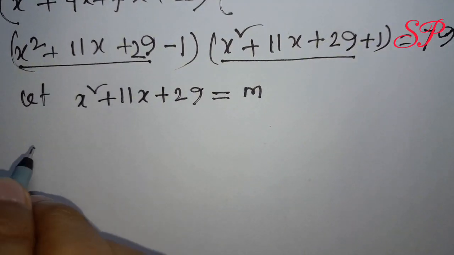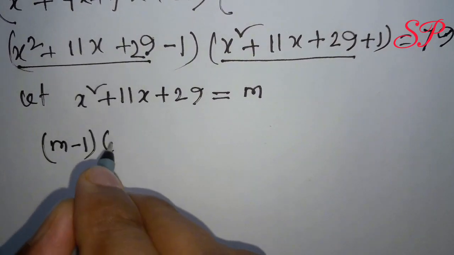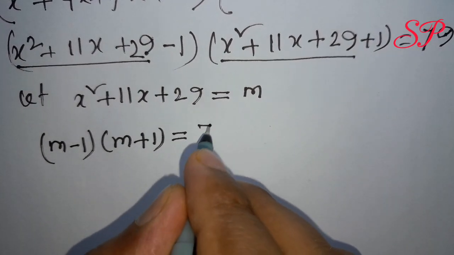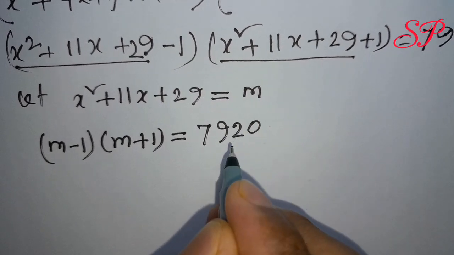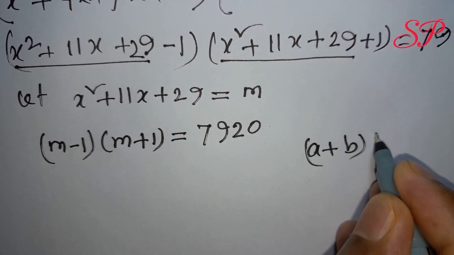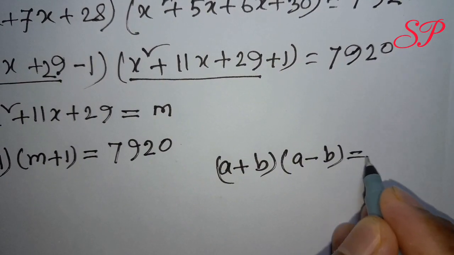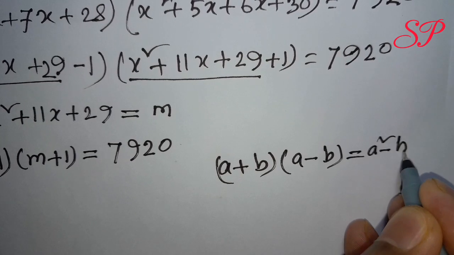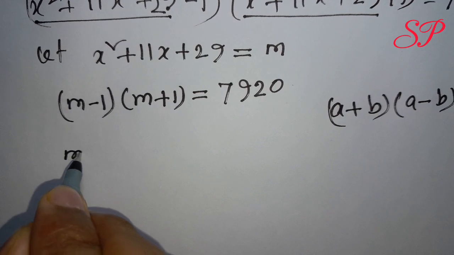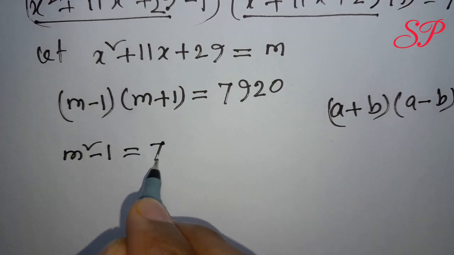So we get (m minus 1)(m plus 1) is equal to 7920. We know that (a plus b)(a minus b) is equal to a square minus b square. So we can write m square minus 1.